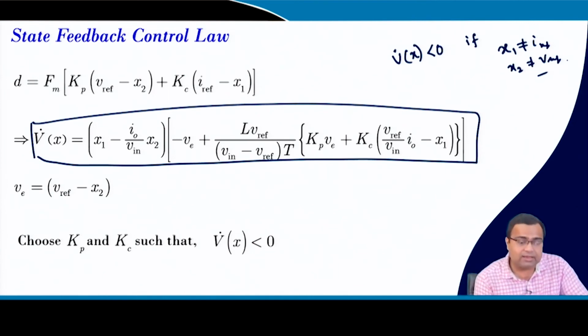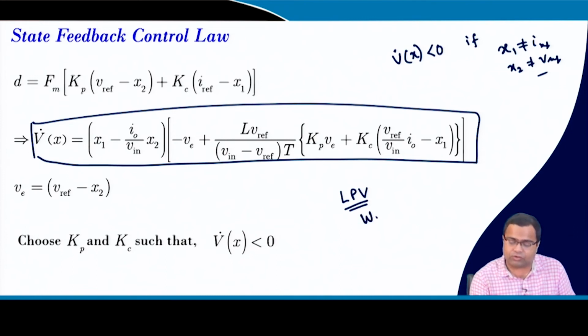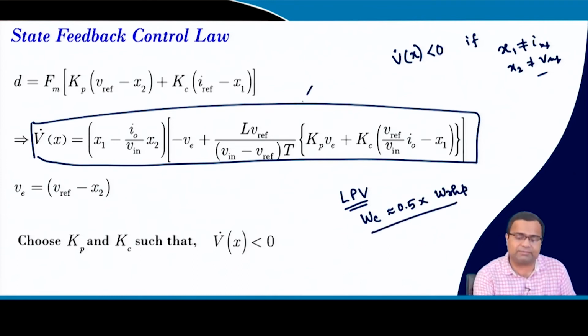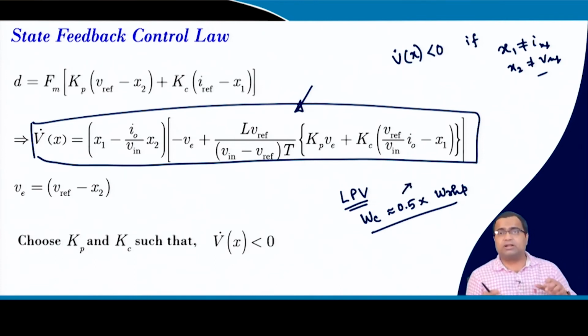And we will see, when we design state feedback control in the linear LPV model, we have a constraint where we have considered the K factor, that means the crossover frequency, which we choose at maximum about 0.5 times your RHP zero. But if we go for large signal based control in state feedback, we can even increase slightly above that, so that we can ensure the large signal stability.